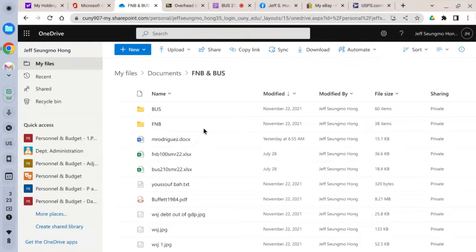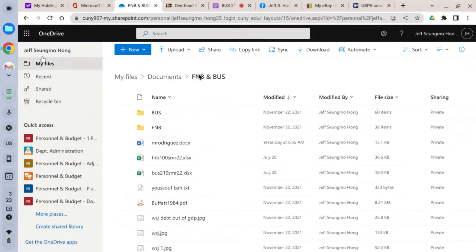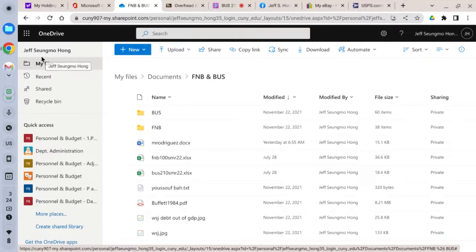Okay, let me try. Okay, I'm trying to. Okay. The mouse is frozen. I'm trying to access the file, locate the file from my other computer. Let's see if I can do that.